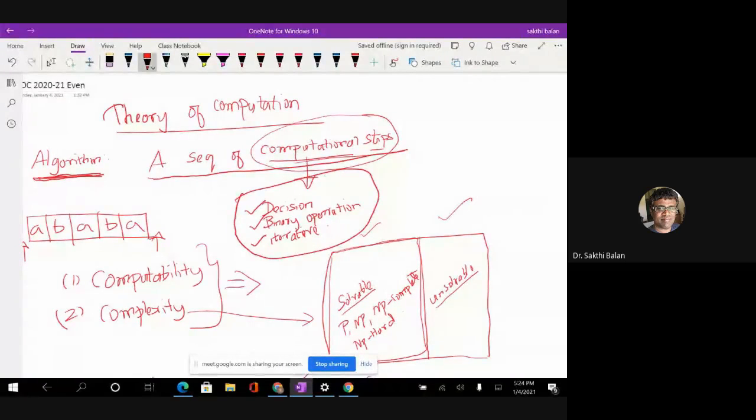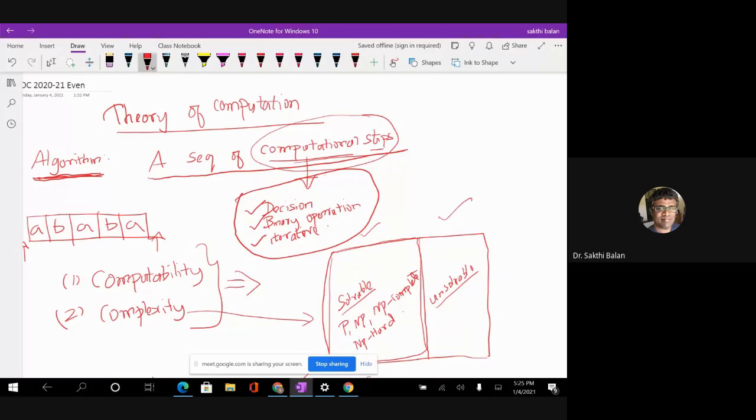These are the steps we can use when writing a program or an algorithm. Every step is going to be a decision step, an assignment step, some operation being performed, or an iterative step.